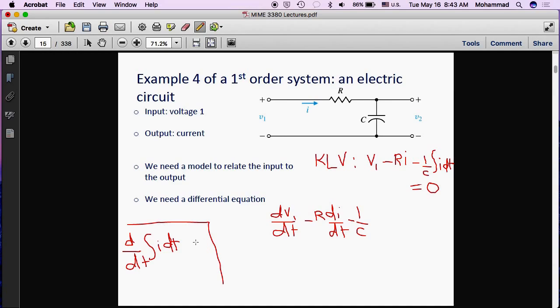It is equal to I. How do you know that? You can simply look at it this way. dt and dt will cancel each other, and d and integral will cancel each other. So d is the opposite or inverse of the integral. The end result is simply I. So here, this becomes I equals.